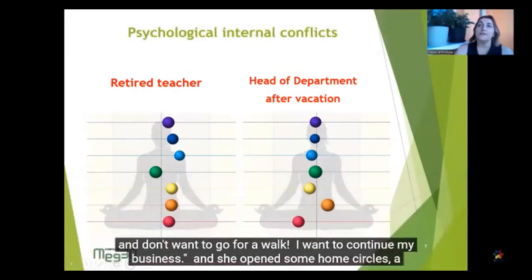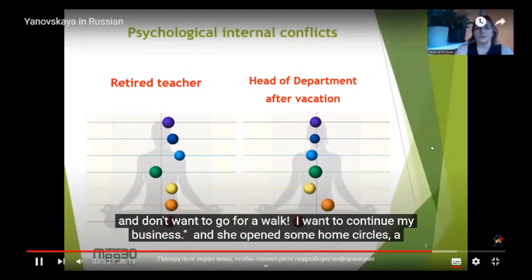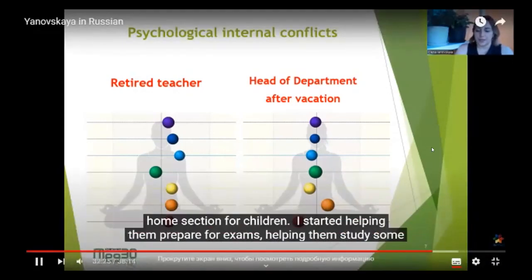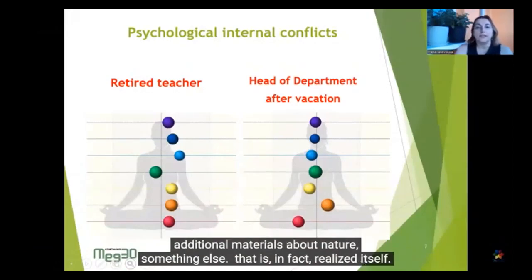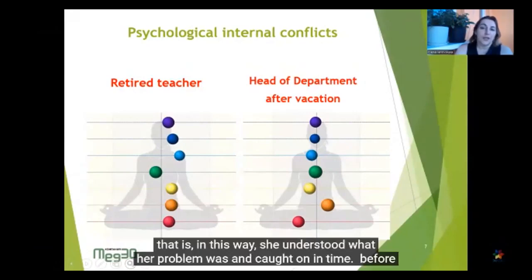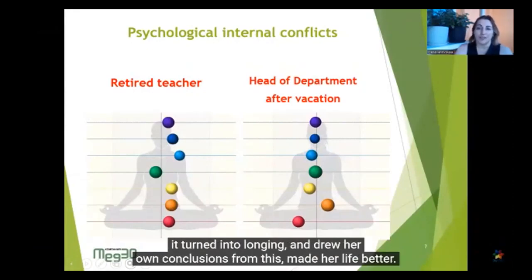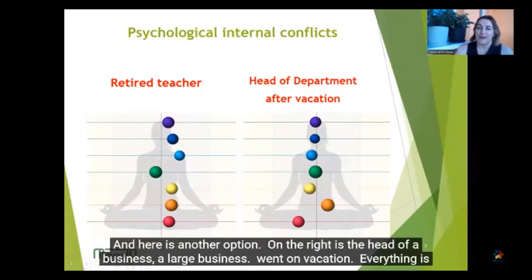And she has opened special groups for kids, sections for children, and she now helps them prepare for exams, study some subjects, and use additional materials about nature or something else, and she has realized herself just by continuing working. And in this way, she has understood what the problem was, and she has turned it into longing and drew her own conclusions from this, just to make her life better.